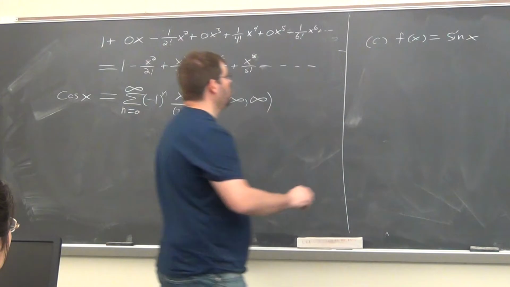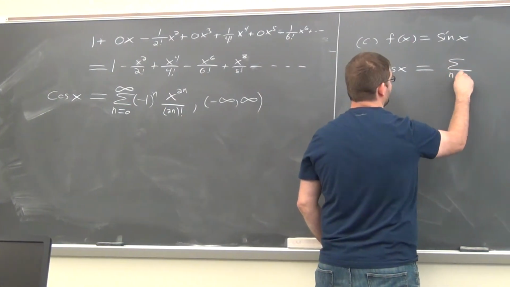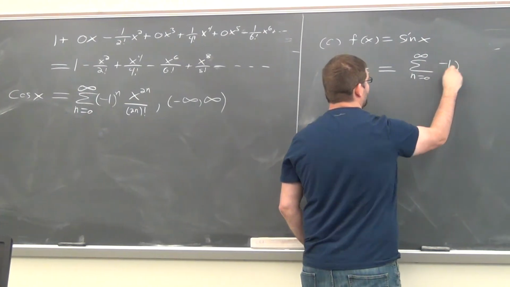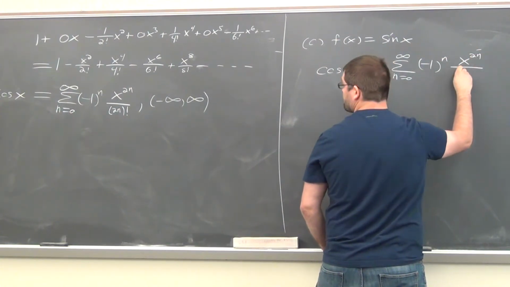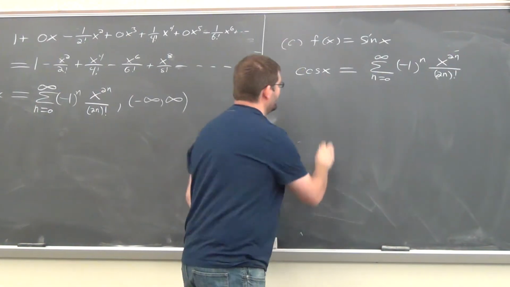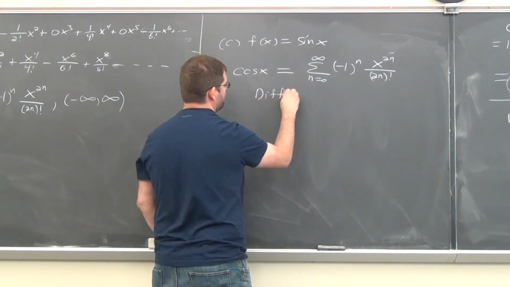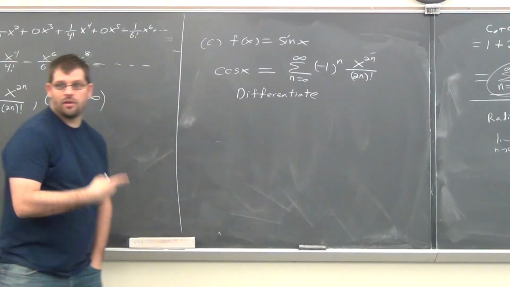And so we know cosine of x is this sum, right? So now if I just differentiate, what do I get? What's the derivative of cosine?